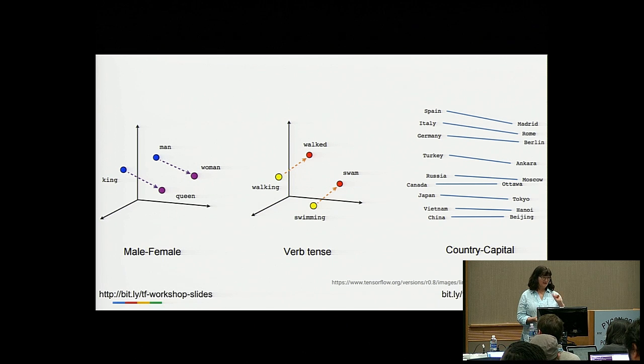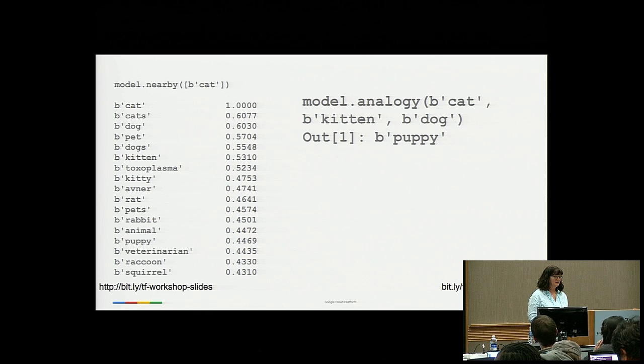You can guess it would be woman. Same with verb tense. Same with answering questions about a given country. Say, if you give China and Beijing as a pair, and then you say Japan, can you infer that the answer should be Tokyo? So it's really cool to see this run, and it's not very expensive, which is the neat thing. You'll be able to see it as you do this exercise.